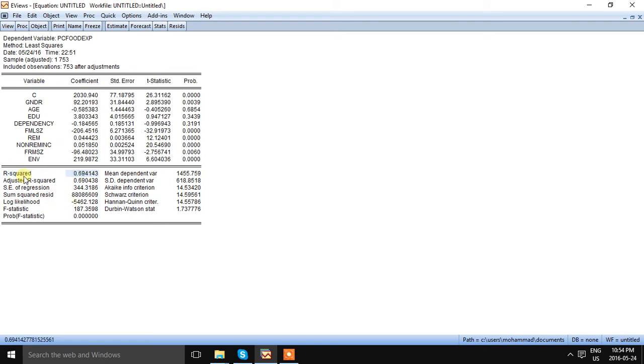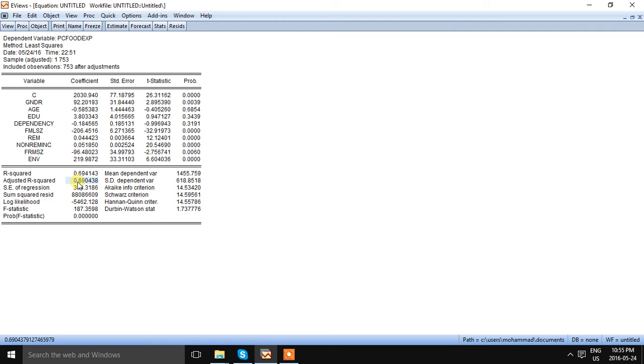Then the obvious question comes, what should we report in the results? The R squared value or the adjusted R squared value? It's a very important question to us. R squared value is in fact used if we have only two variables, one dependent variable and one independent variable, or in case of a bivariate model, we report the R squared.